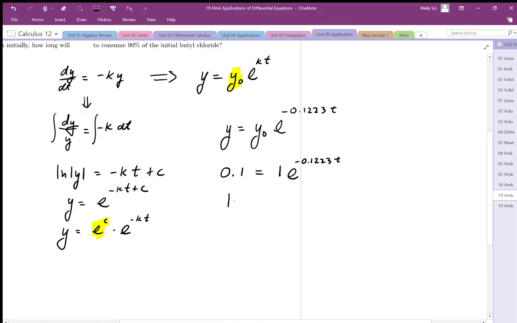So I get log of 0.1 is equal to negative 0.1223t when I log both sides, and then solving for the t value, the time it takes for this to happen is going to be log of 0.1 over negative 0.1223, and we end up with a value of 18.83, and since the units are in seconds, the time is in seconds.